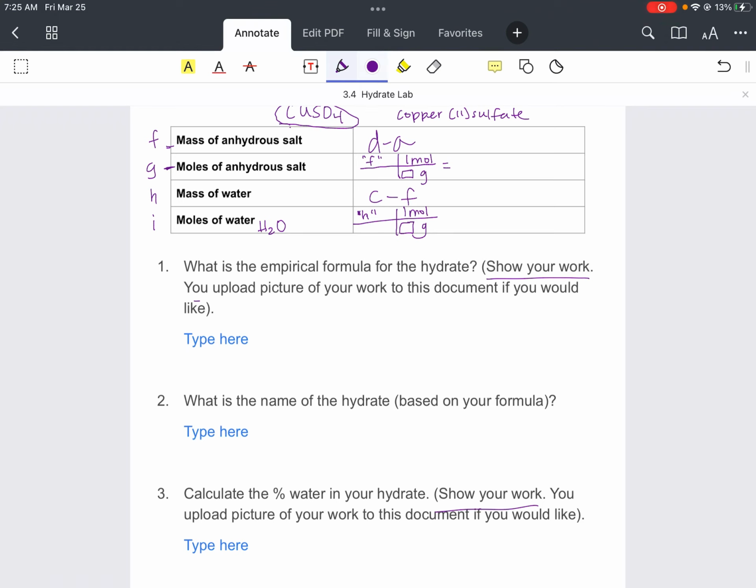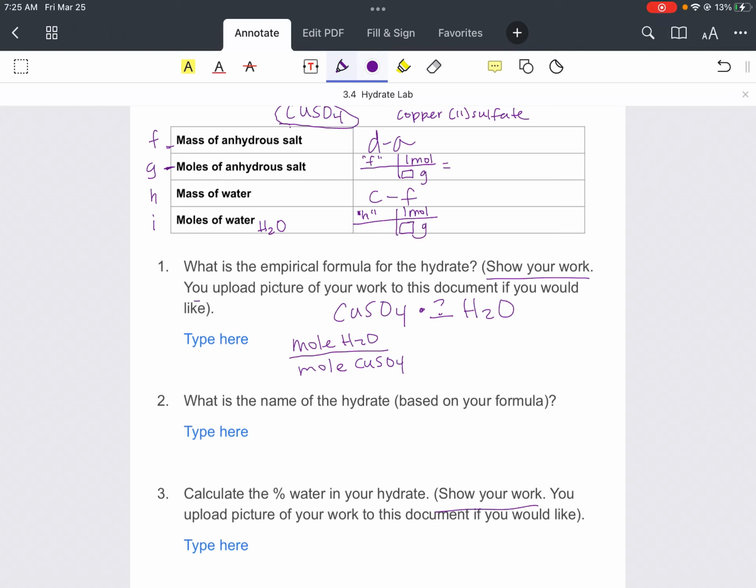We're just trying to find the formula. We have our copper sulfate and we have the water, and we're just looking for the number that goes there. So we're essentially looking for the ratio of our moles of water to our moles of copper sulfate.